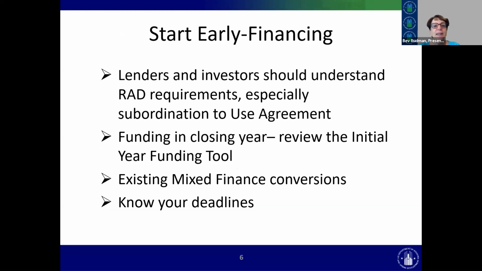So I have on here financing as the title. I'm not sure that's exactly the right title, but let me tell you what I want you to think about here. The RAD requirements include that the RAD use agreement has to be in first position. Now, that can be a difficult ask for certain lenders who haven't dealt with HUD before, or haven't seen RAD before, or have whatever reasons that they don't want to allow the use agreement to be in first position.